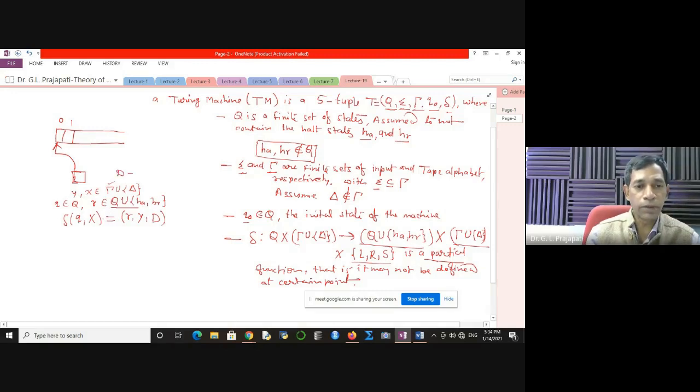And D can be either left or right, or you are not moving the tape head and keeping it stationary by writing S. With the help of the transition diagram, you can show it like this: you are at state Q and moving to state R, for the case where the tape symbol is X, and this tape symbol is replaced with Y, and you move the tape head in direction D, which can be left, right, or S. This is the way you can denote it with the transition diagram.